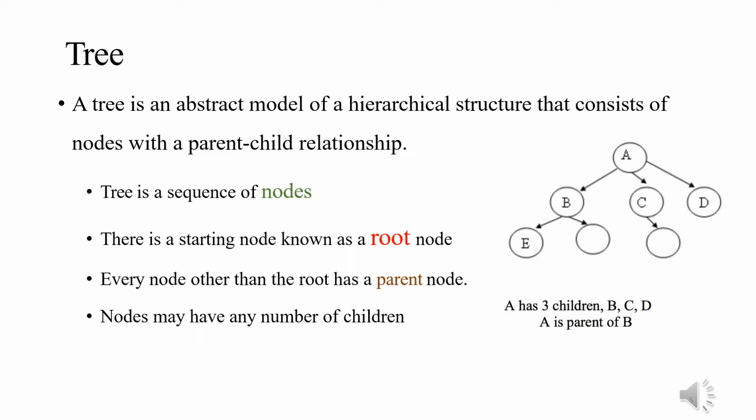Nodes may have any number of children. See here, this is the diagram of the tree. A is the first node, B is the second, C is the third and D. B again has the E node and an empty node. A has the three children B, C, D. Then A is the parent of B, C and D.